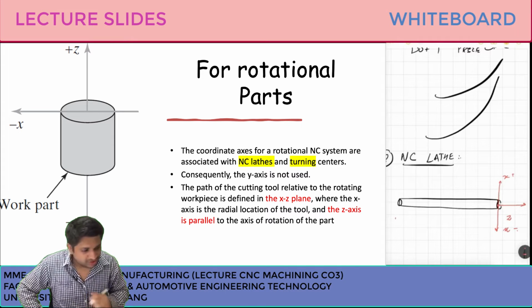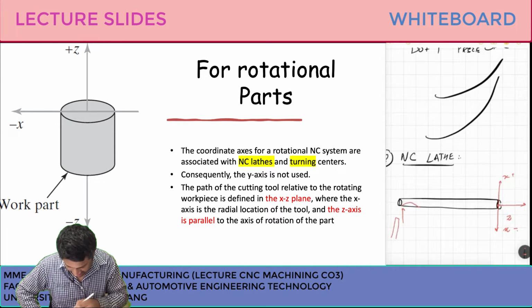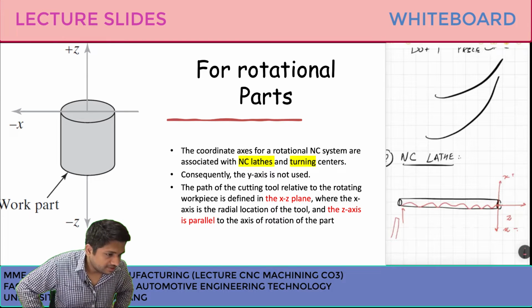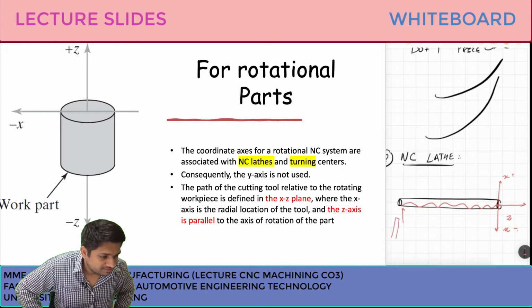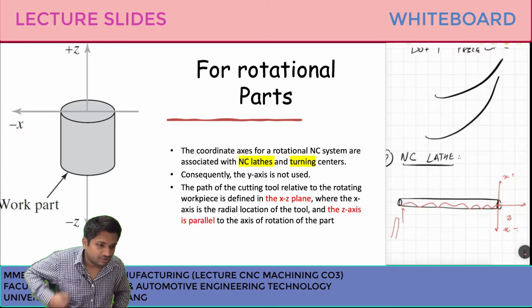So what I'm going to do is introduce my tool in this direction, and then the machining process is carried out. So this is another type of coordinate system, for rotational parts. So we have two types of coordinate system, one for prismatic parts and one for rotational parts.